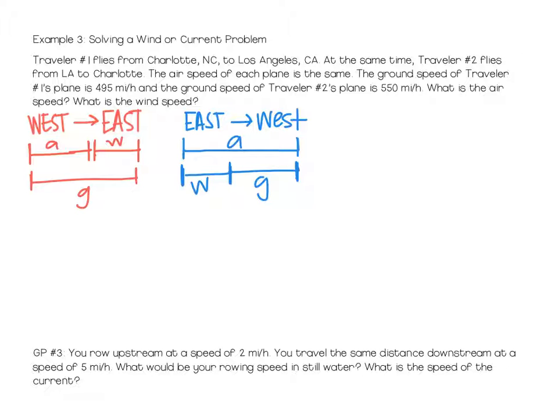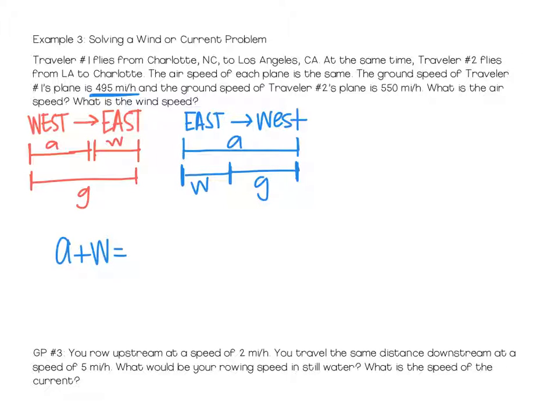But anyway, our equation for Los Angeles to Charlotte is going to take our airspeed, which is the same, so A, plus our wind speed, W, and that's going to give us our ground speed, 495.